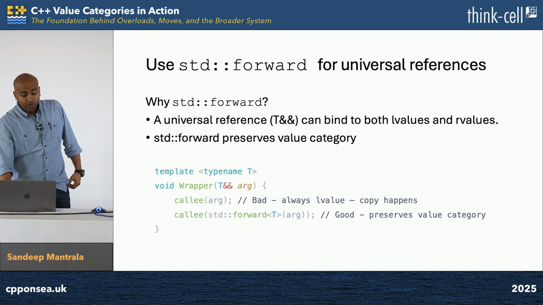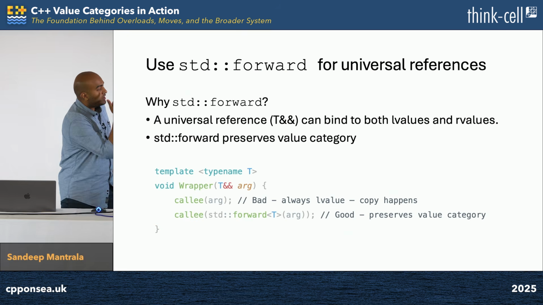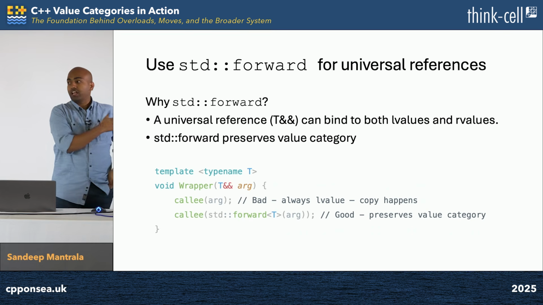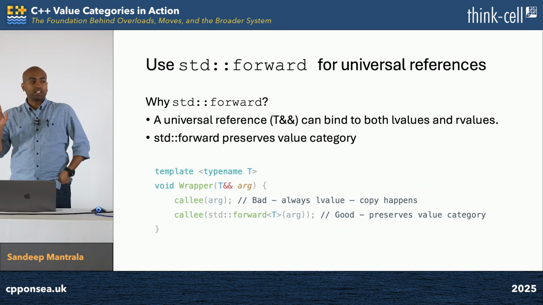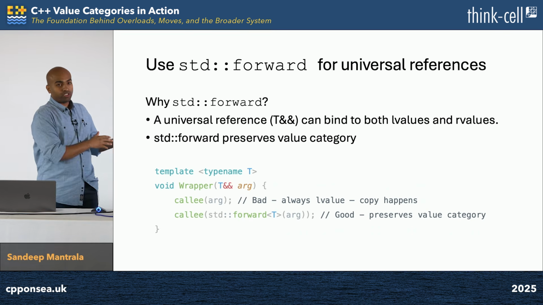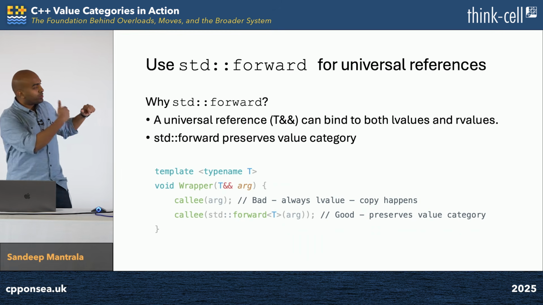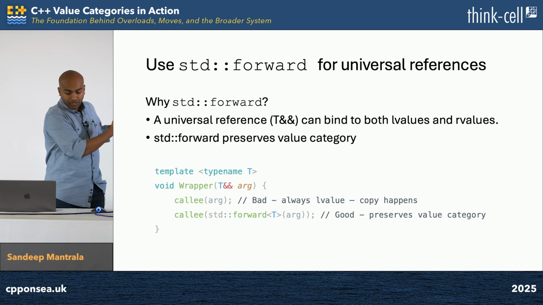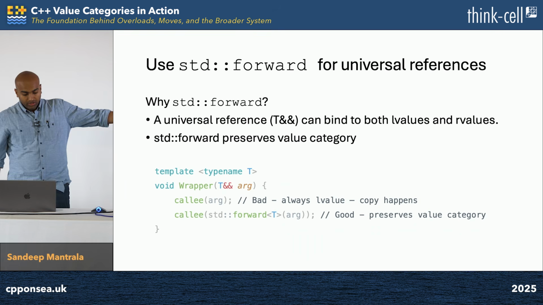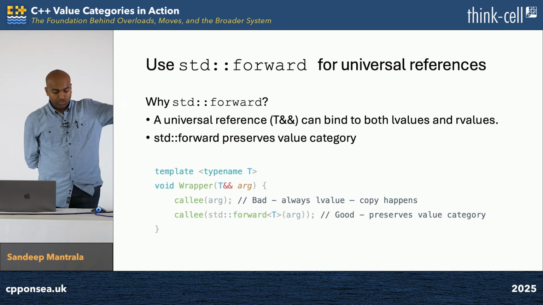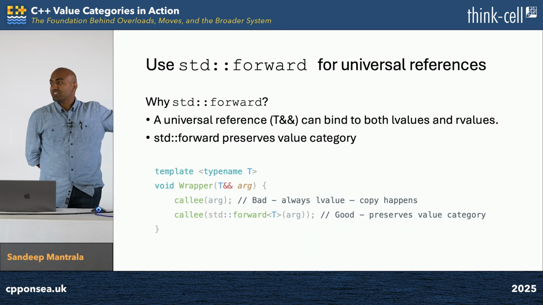We discussed that a universal reference can bind to both L values and R values. Because it can bind to both, what you're going to do with the argument is really important. If you just do something like call the function and use the name by itself, what is the value category of arg here?